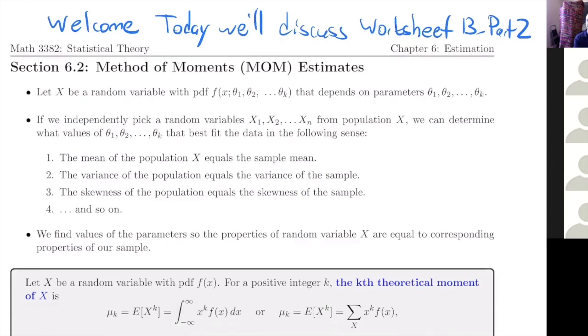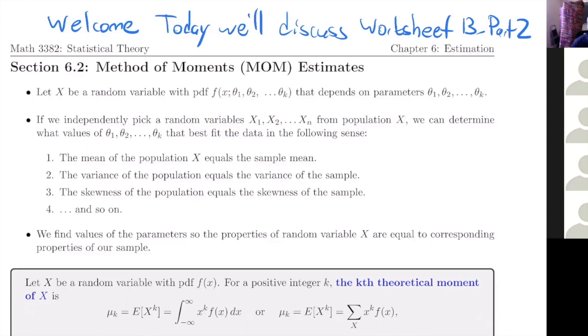So the idea behind the method of moments is, it's almost like a model. We're going to fit a model to our sample data like we did with the maximum likelihood estimator. With the method of moments, we're not going to try to come up with a likelihood function and then say, based on our sample, what's the most likely value for the undetermined parameters.